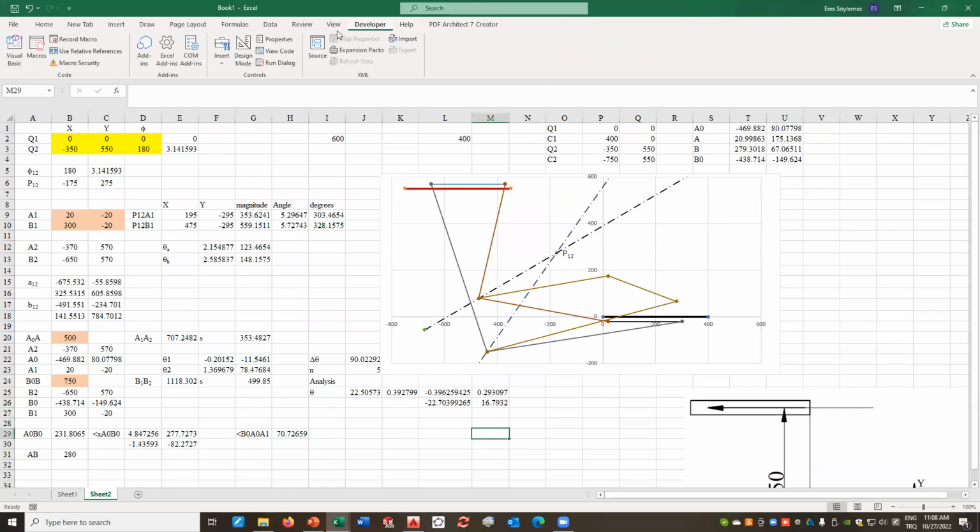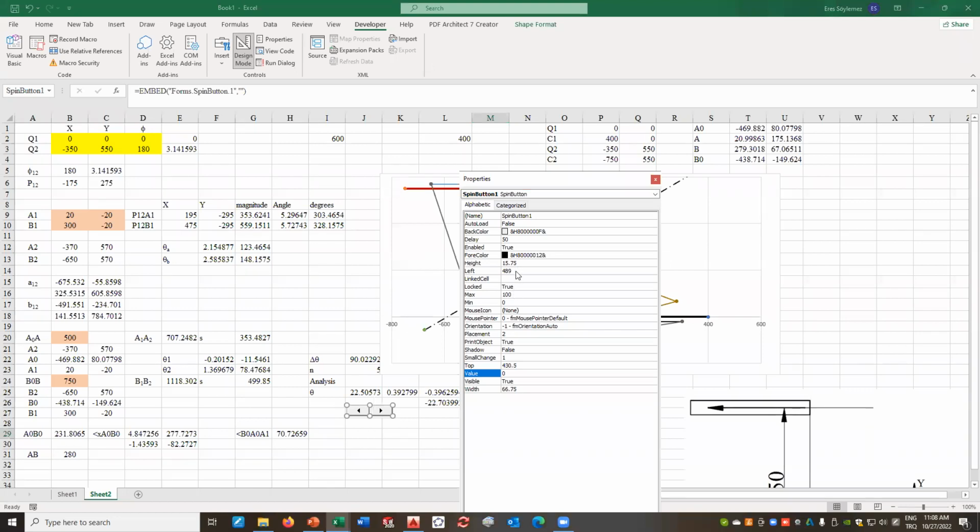Next, go to the developer, insert, properties.